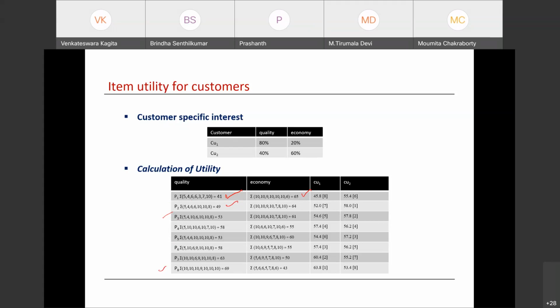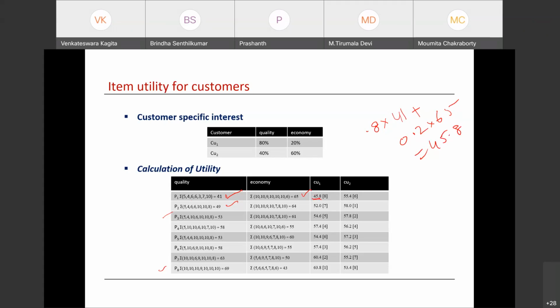So what should be the score for camera 1? We should give more weightage to quality, right? It means 0.8 times the quality parameter, which is 41, plus 0.2 times 65. This is equivalent to 45.8.